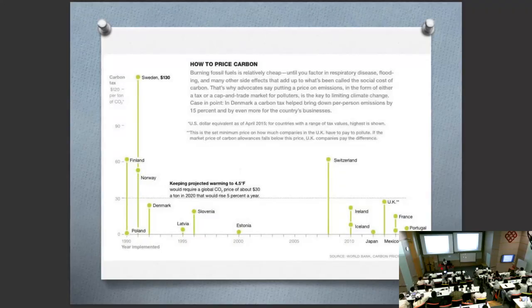This is another market-based approach. The emissions trading scheme is a market-based approach. Another kind of market-based approach is to enforce a carbon tax. So you pay tax when you emit carbon dioxide.